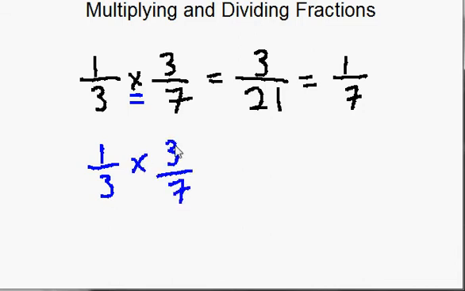We notice that we've got a 3 on the top and a 3 on the bottom. If we divide by 3, this one becomes a 1, and that one becomes a 1. You cancel them out. So the answer is 1/7, and it makes it a little easier rather than having to reduce the final answer.